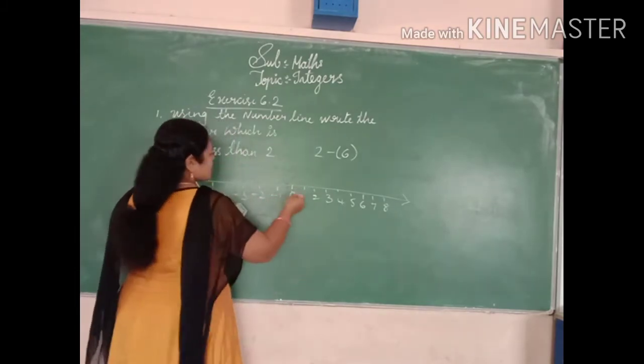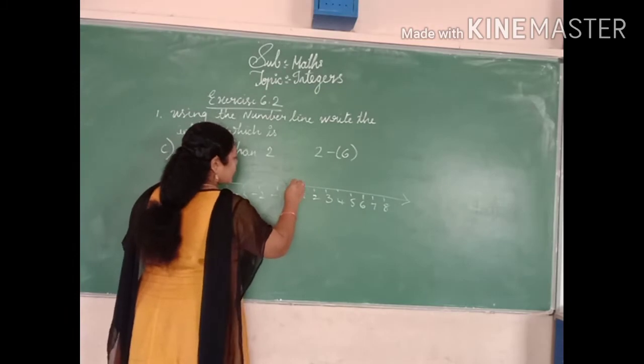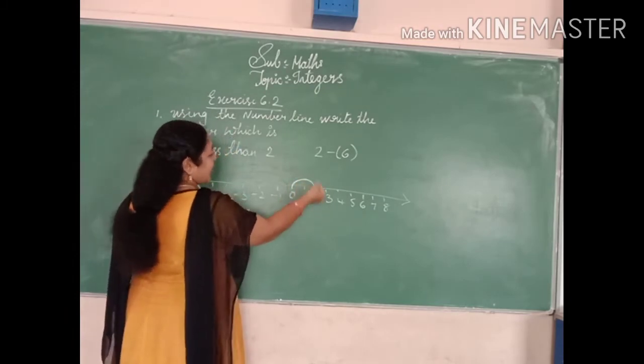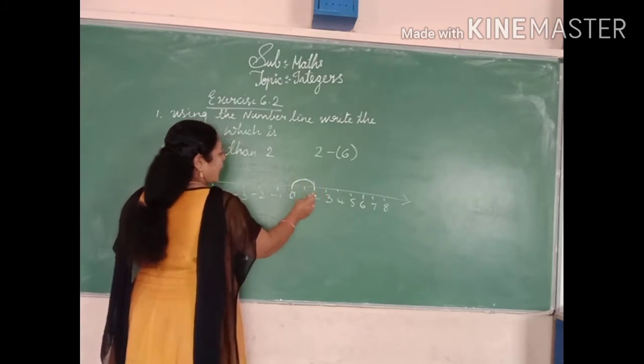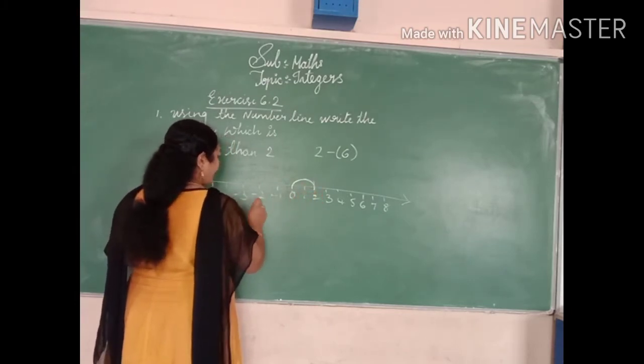We have to go to 2 and we have to minus 6 there. So how do we minus 6? 1, 2, 3, 4, 5, 6.